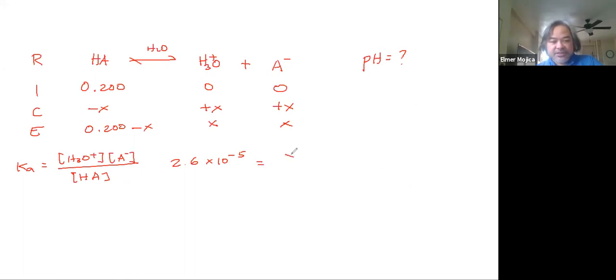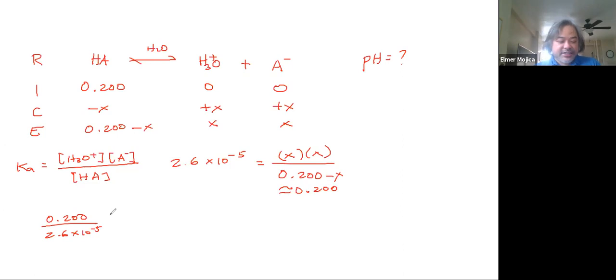And you have here x times x over 0.2 minus x. So we can make an assumption, okay? Let's say that this is just 0.2. So we can have the assumption based on the slide. You have the initial concentration, 0.2, divided by the Ka, 2.6 times 10 to the negative 5.